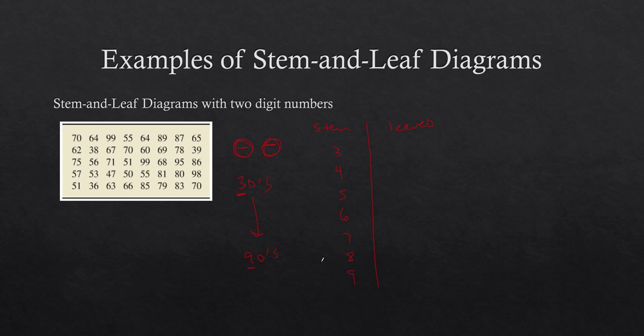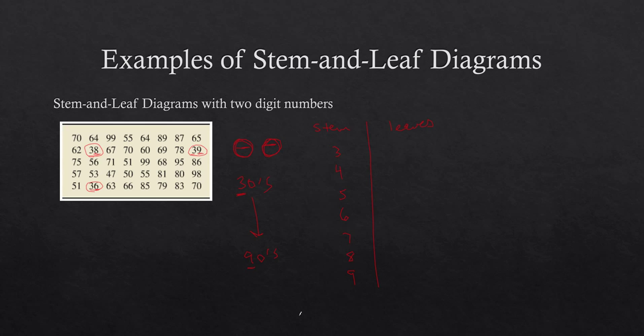Okay, and as far as my leaves go, let's look at the numbers that have 30s. Here's 38, 36, 39. These are the three numbers that have 30s. Now the leaves are the rightmost digits of these numbers. So this is going to be a leaf, this is going to be a leaf, this is going to be a leaf. So 6, 8, and 9.